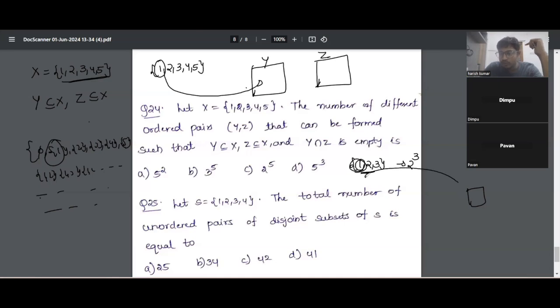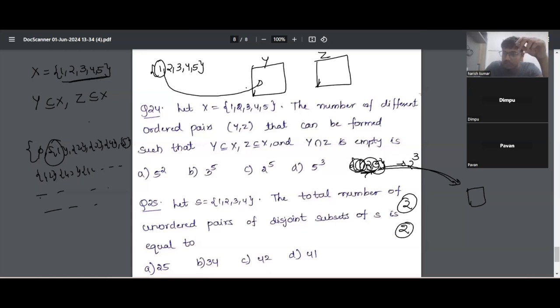It can choose to be a part of that subset or it can choose not to be part of that subset. So 1 has 2 ways. What about 2? 2 also has 2 chances. It can either be part of this subset or not be part of this subset.